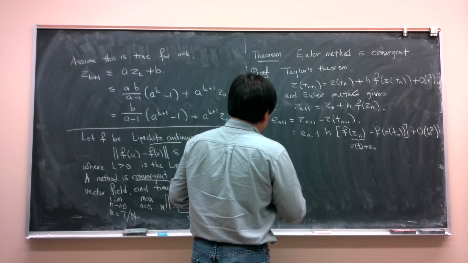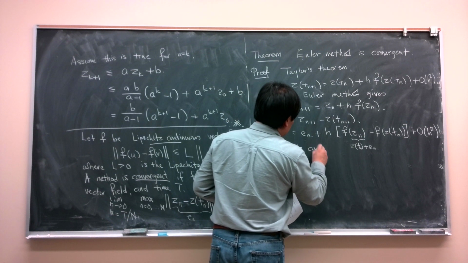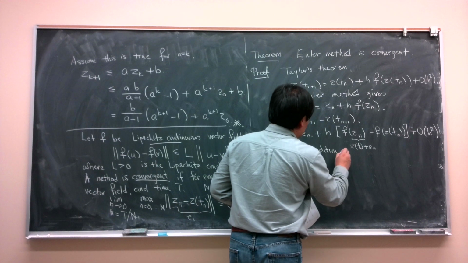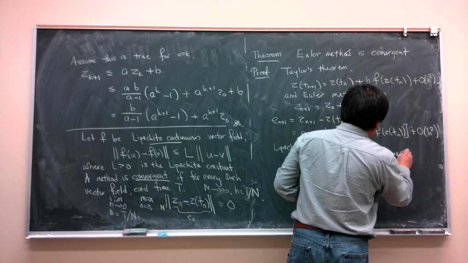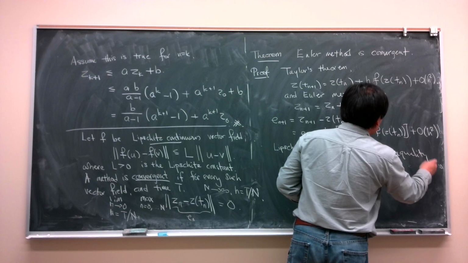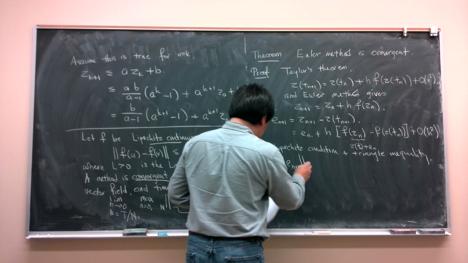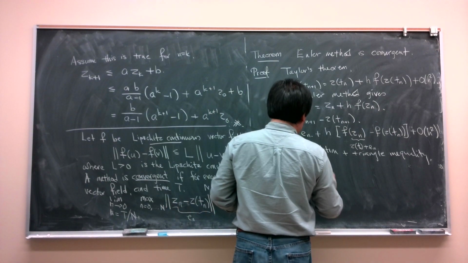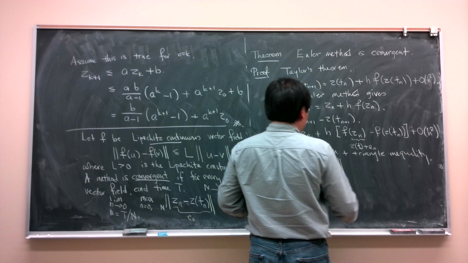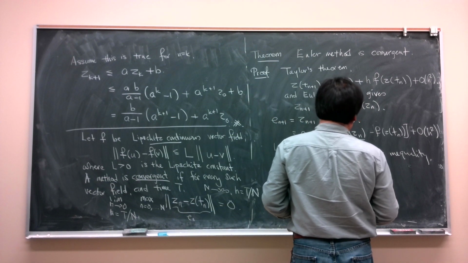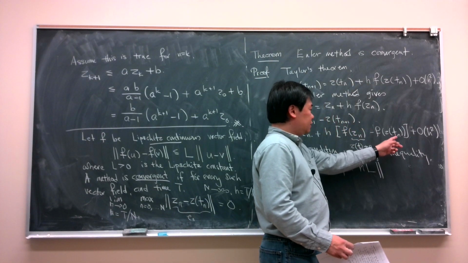So the Lipschitz condition plus triangle inequality give you the following: the norm of the error at the n plus first stage is less than or equal to the norm of the error at the nth stage, plus h times the Lipschitz constant multiplied by the norm of the difference of the 2 points.